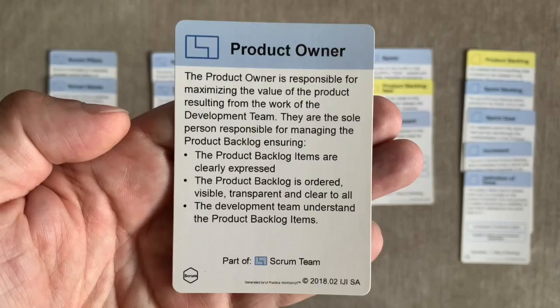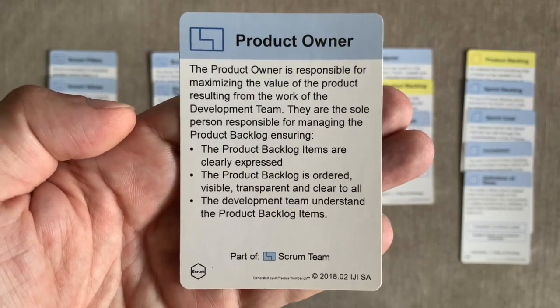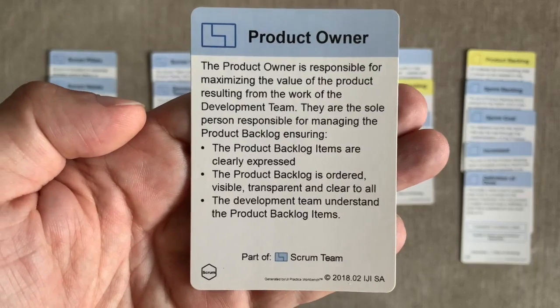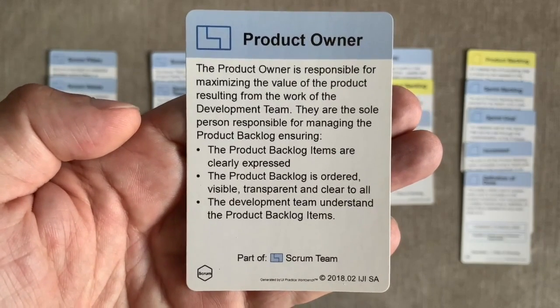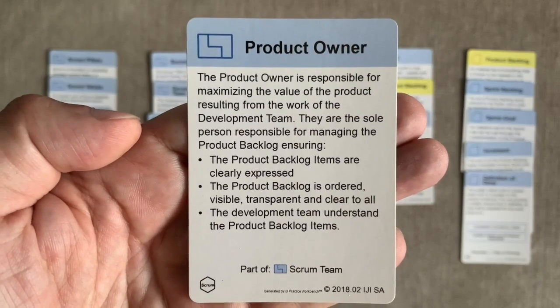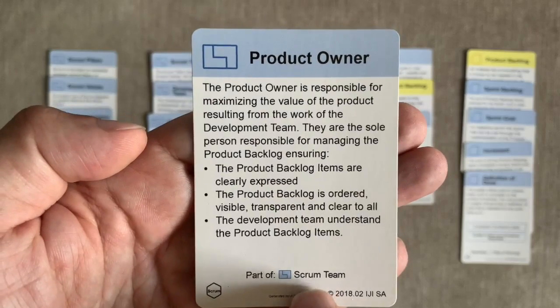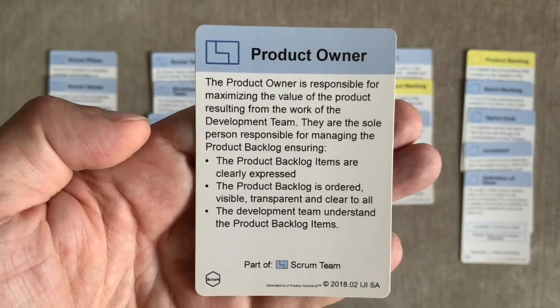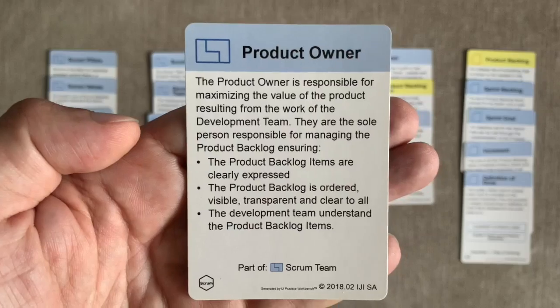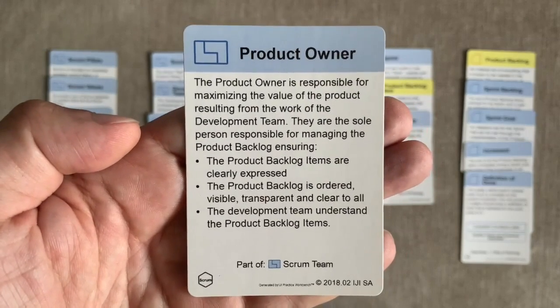They are the sole person responsible for managing the product backlog, ensuring the product backlog items are clearly expressed, and the product backlog is ordered, visible, transparent and clear to all, and the development team understand the product backlog items. We can also see that the product owner is part of the Scrum team, relationships to other parts of the practice. So just a few sentences, but all of the key information in one place.